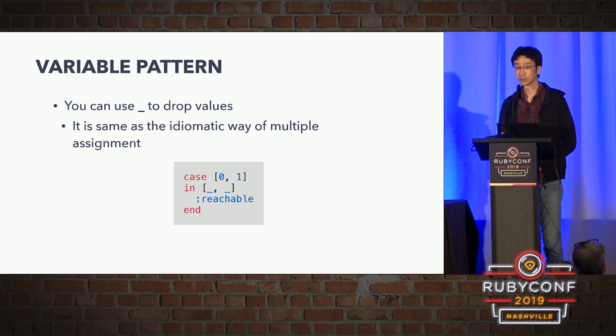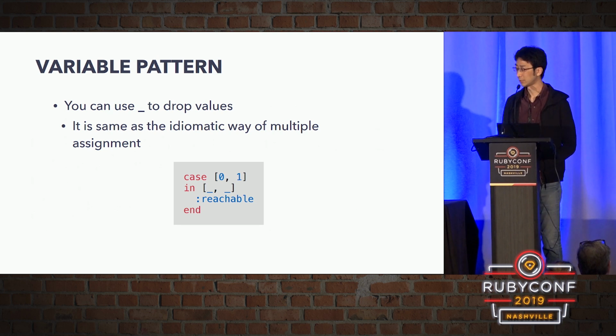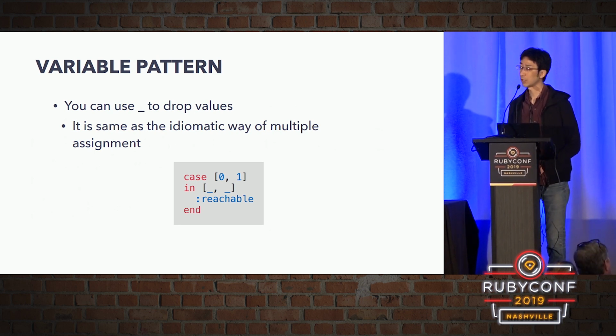Since underscore is used to drop values in multiple assignments, this feature can be accepted easily. So in this case, the pattern requires that a given object has just 2 items. It doesn't care about what values the object has.